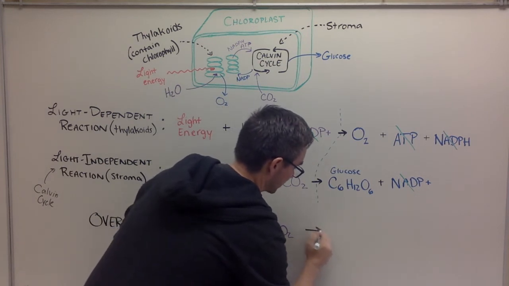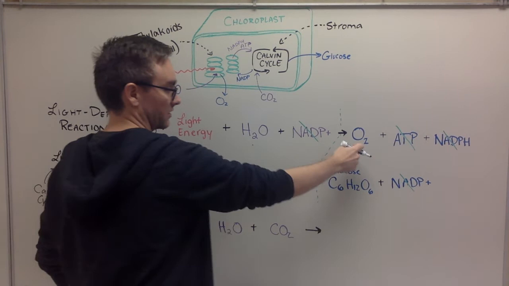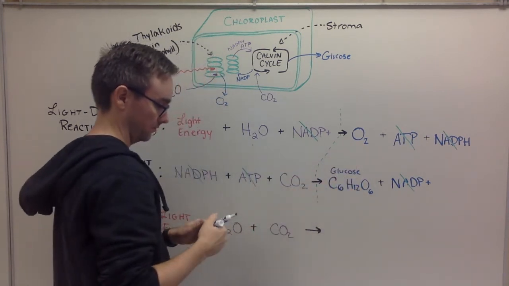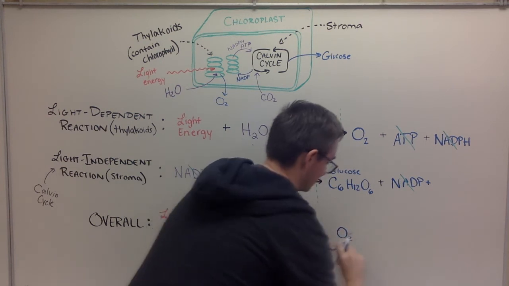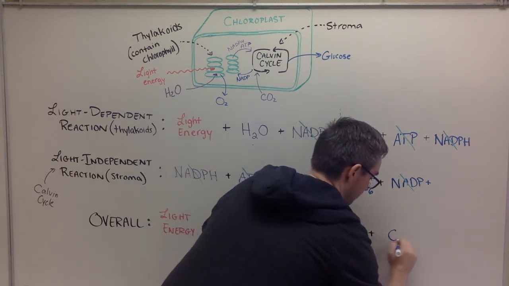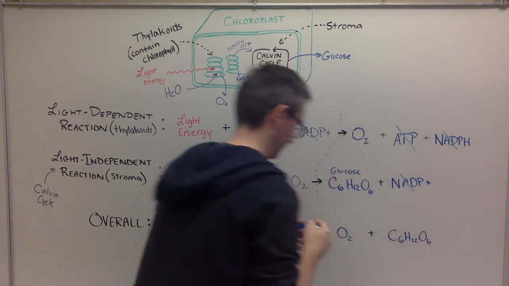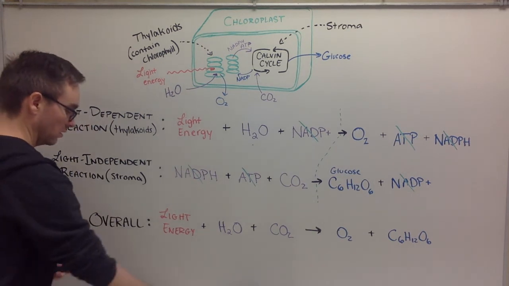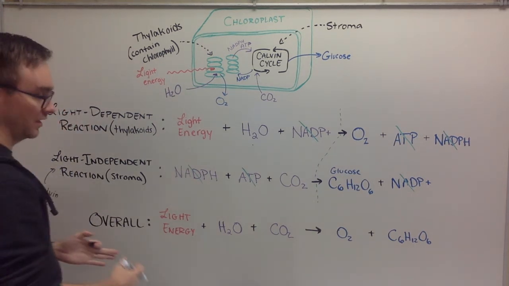And we ended up with the products. Products on this side, we ended up with oxygen and glucose. The law of conservation says that we have to balance this reaction, right?